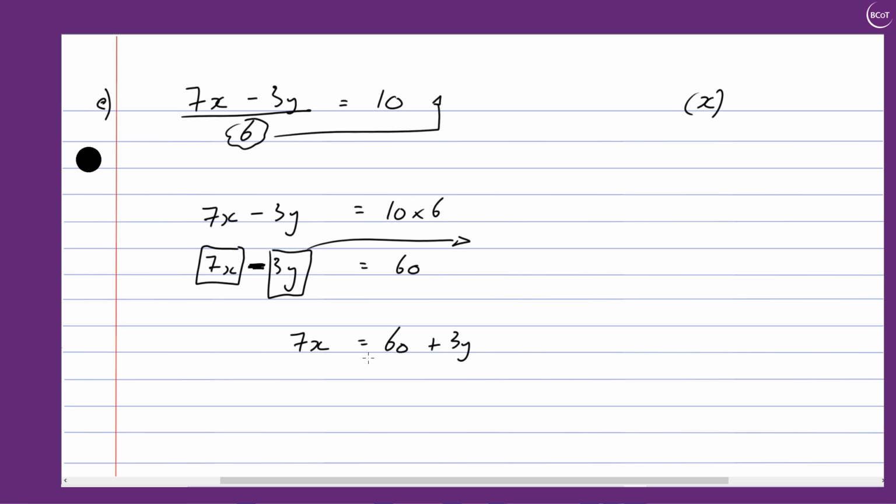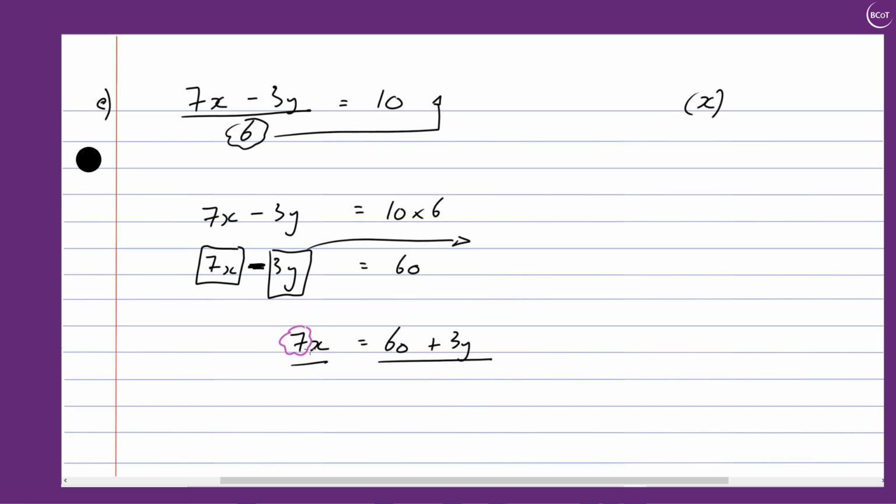So we've got 7x equals 60 plus 3y, but we don't want to know what 7 lots of our answer is. We want to know what 1 lot of our answer is. We want to know what x is, not what 7x is. So we need to divide the left-hand side and the right-hand side by 7, which is the same as getting rid of the 7, because it's stuck to the x.